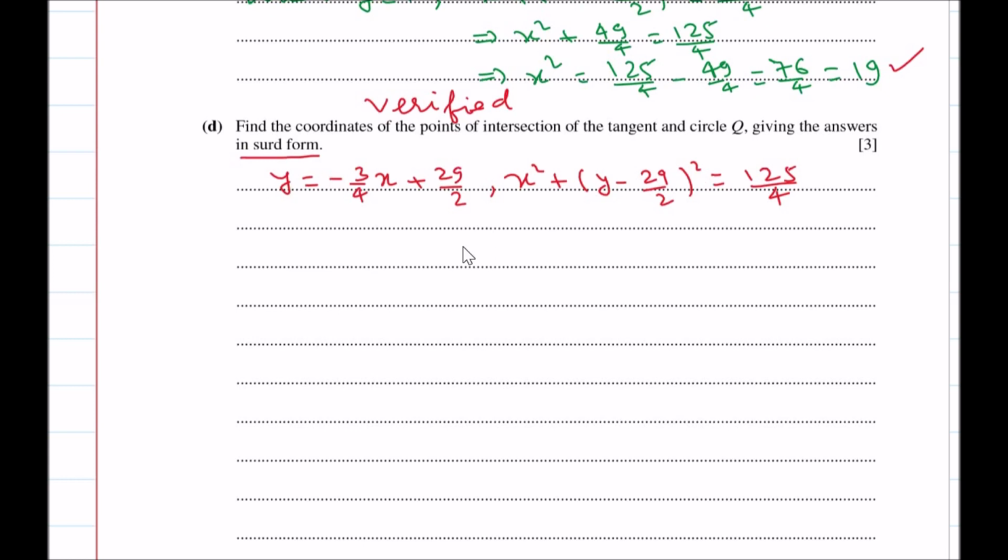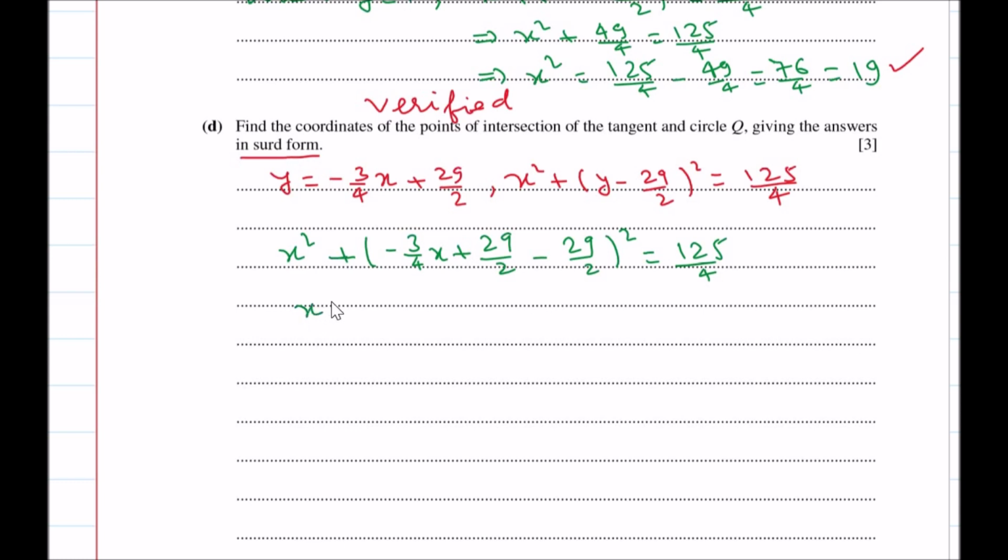Now we are going to solve this simultaneously to get the points of intersection. So what we will do, we will use the substitution method. We will substitute the y value in the circle equation. So let me write it here. What we get? We get x square as it is plus y value, now minus 3 by 4x plus 29 by 2, minus 29 by 2, whole square is equal to 125 by 4. Okay.